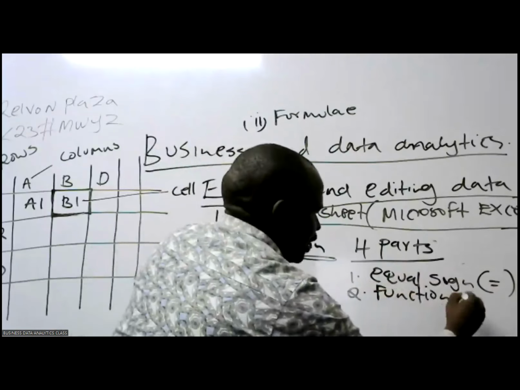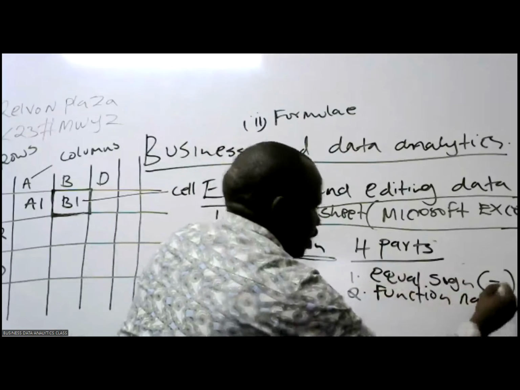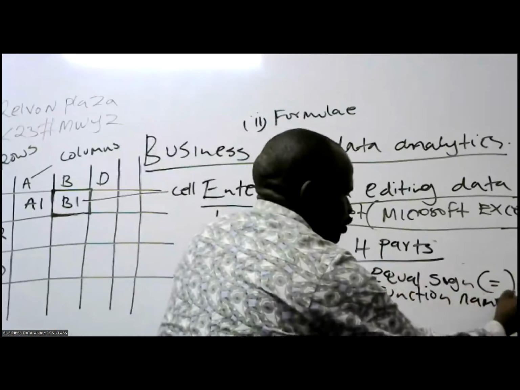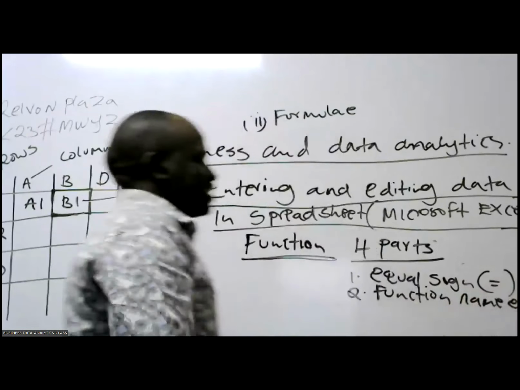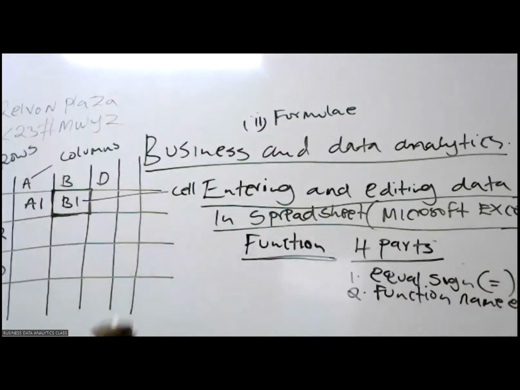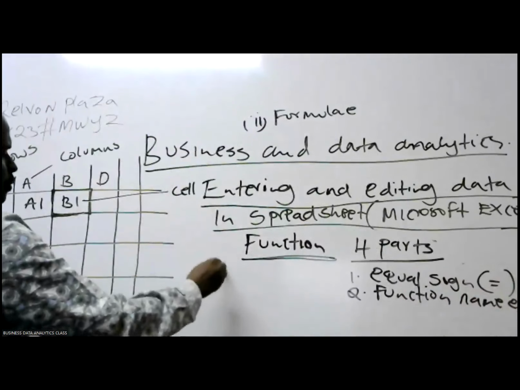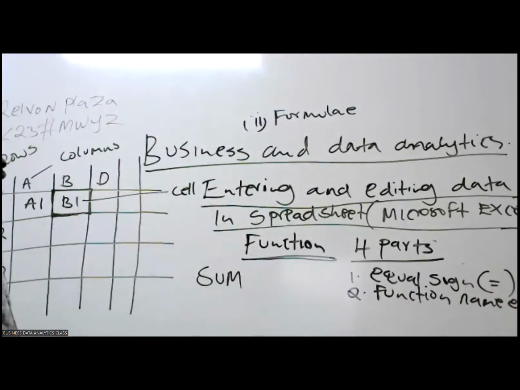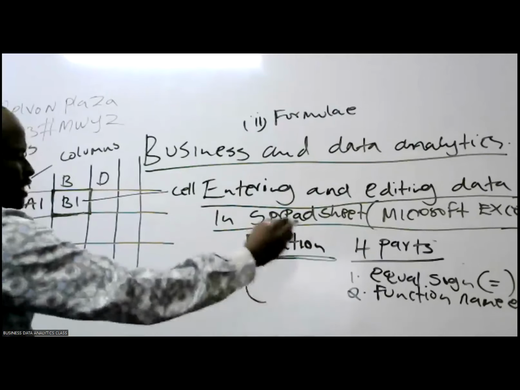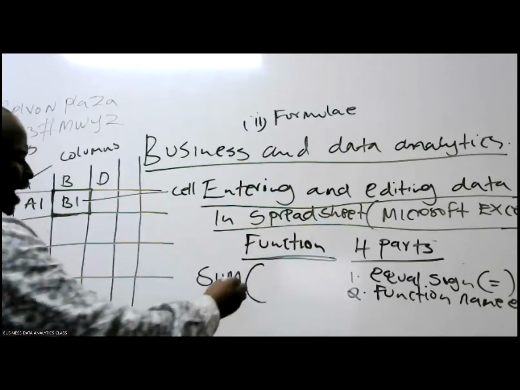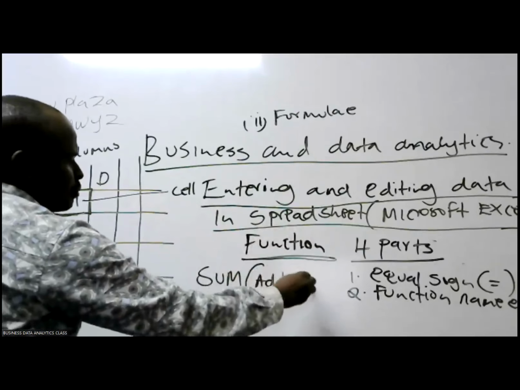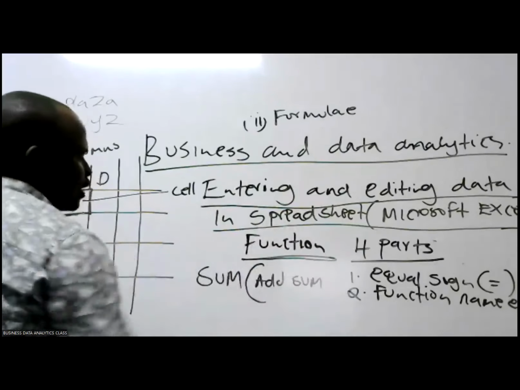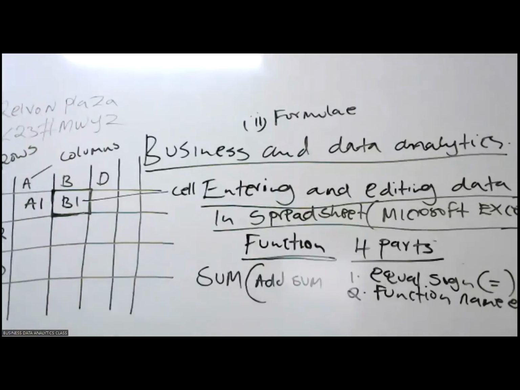Number two, we have what we call the function name, like SUM. So SUM is a function name, and it tells the spreadsheet application to add, or to sum, some range of numbers.